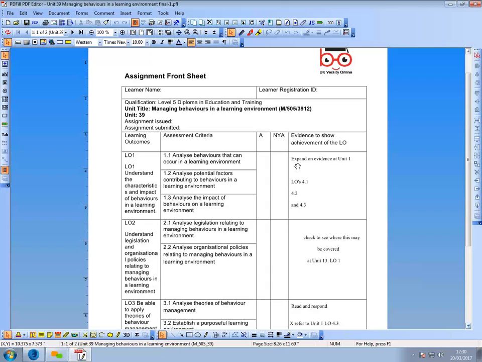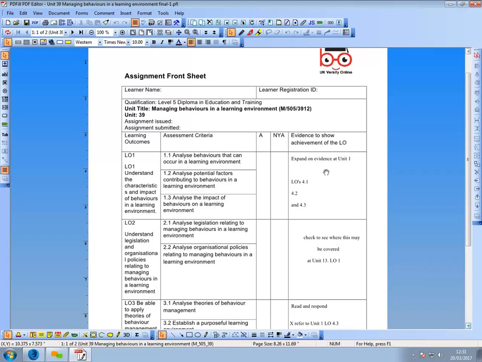If you find that by adding a little bit more evidence at Unit 1, at those learning objectives 4.2, 4.3, if you feel you've not fully covered them after reading this material, you can then fully cover them, then make straight cross-references where it's asking for this on this unit. You can just refer to evidence at Unit 1.